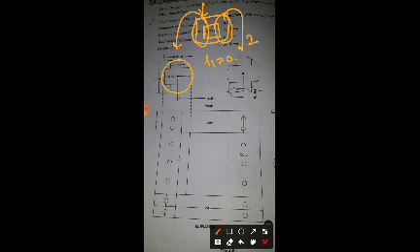0.85D. D is how much? It is given as 6.5 centimeters. So based on this, you are going to get the distance. That is the L1 you know. From this, you draw the line here, draw the line here, join these two.